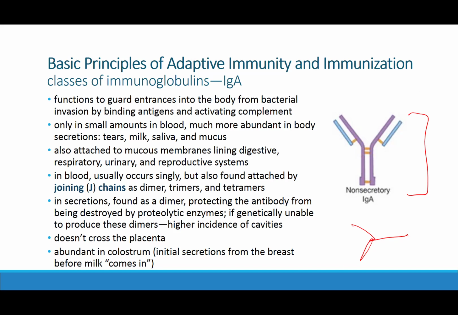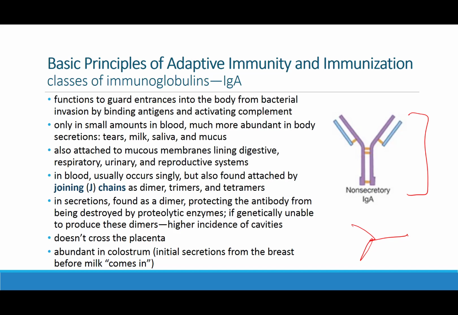And it turns out that if a person is genetically unable to produce this dimer form, then they have a higher incidence of dental caries. The cavities are more likely because their saliva doesn't protect them from bacteria that can be found in the mouth.